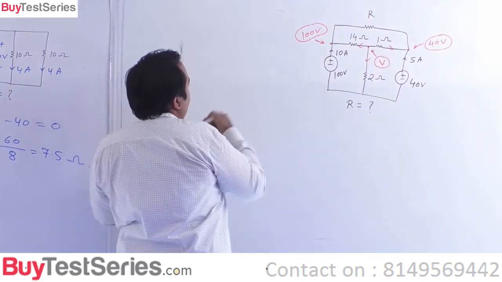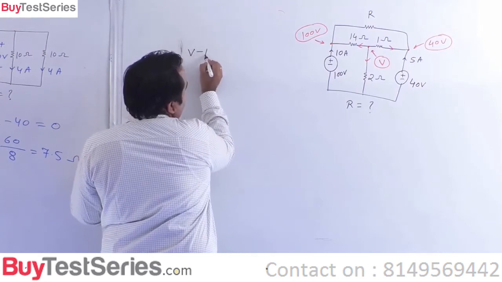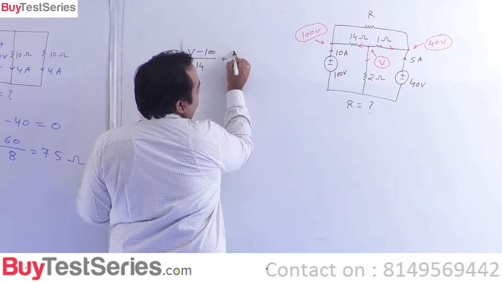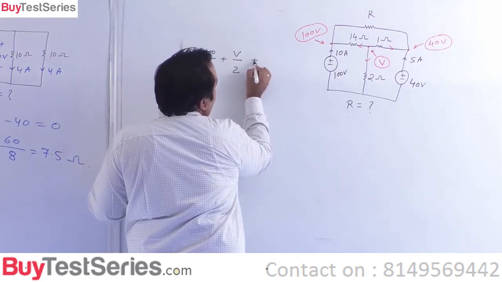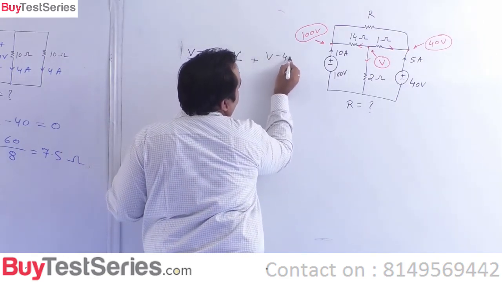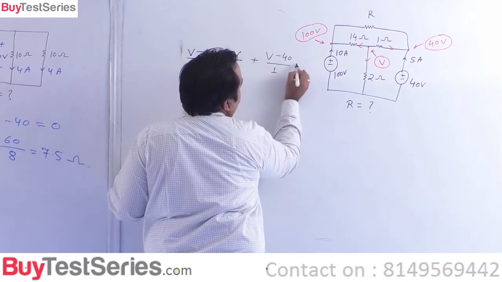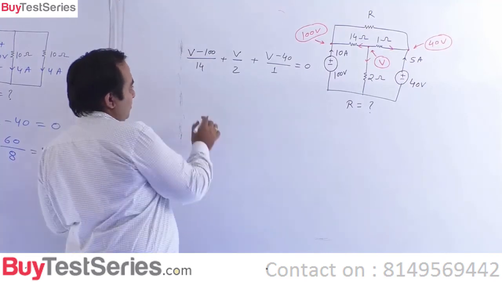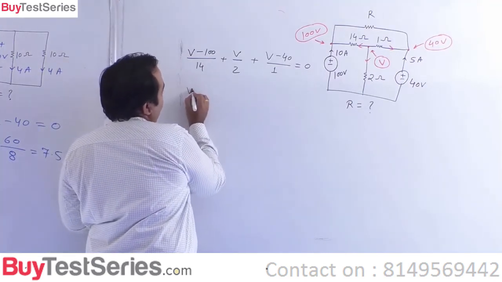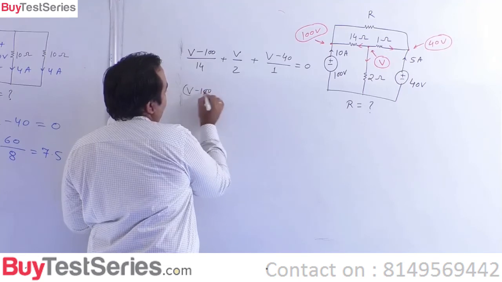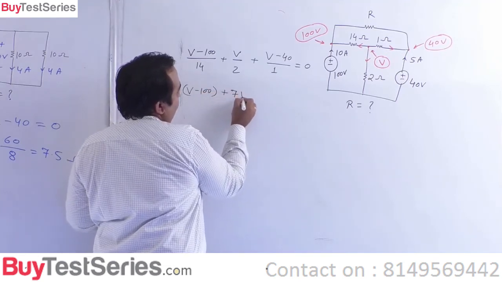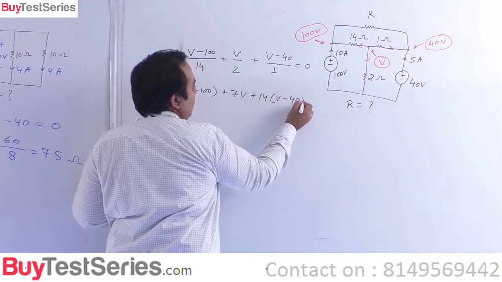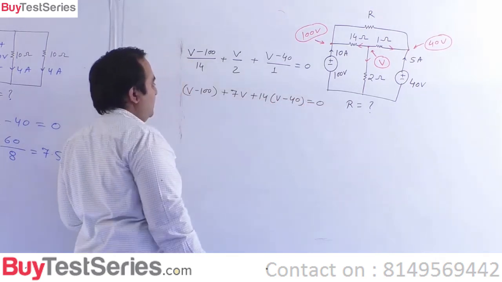So how should I write the nodal equation? V minus 100 divided by 14 plus V by 2 plus V minus 40 divided by 1, and this comes out to be 0. When you simplify this, it comes out to be V minus 100 plus 7V plus 14V minus 40 is equal to 0.